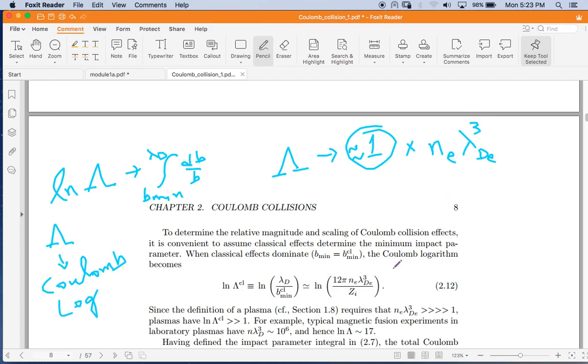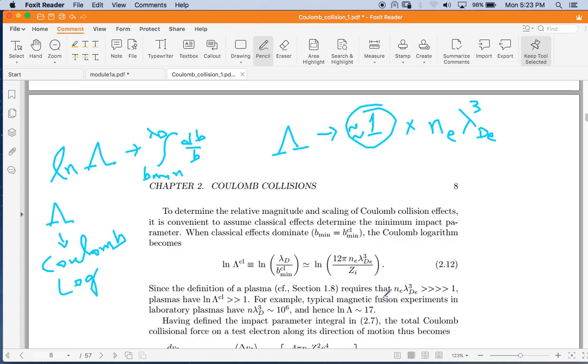We have not yet come to the definition of a plasma. This is the whole reason I wanted to have this lecture as a separate standalone thing, to motivate where this lambda comes from. So this is where it comes from.